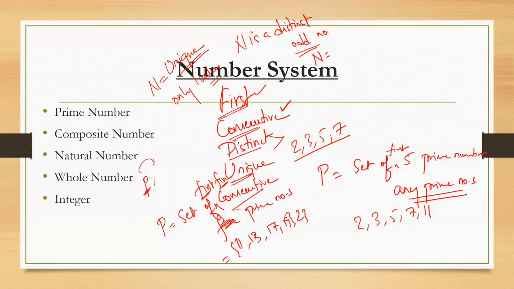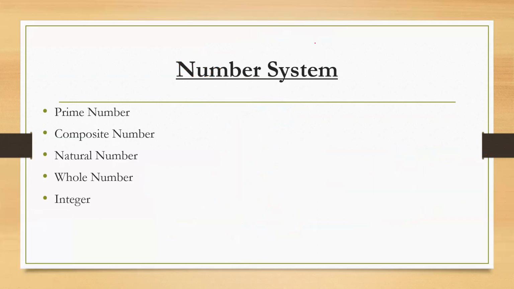Simple. Okay, now let me show you what is the application part of it, so you understand. Let's say if I say S is a set that lies between 11 and 13.